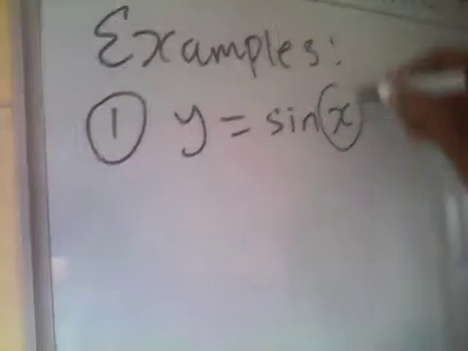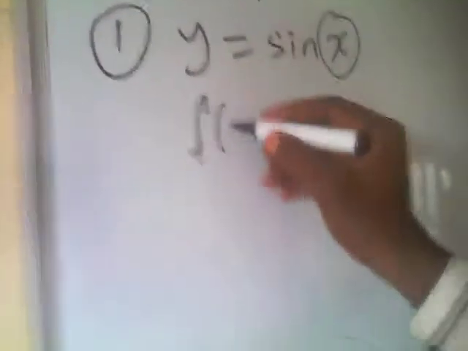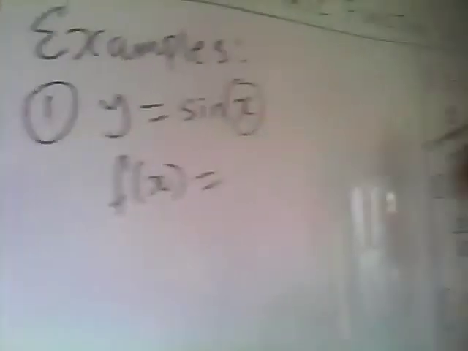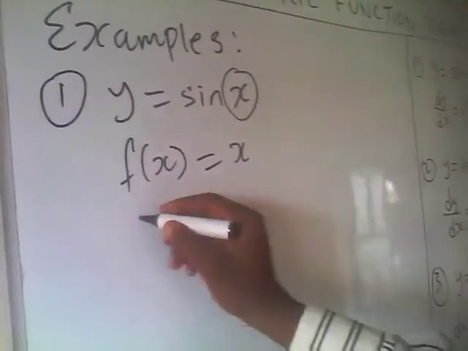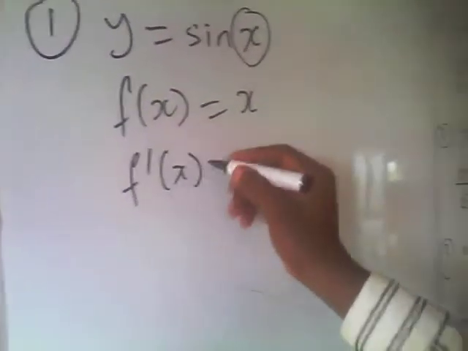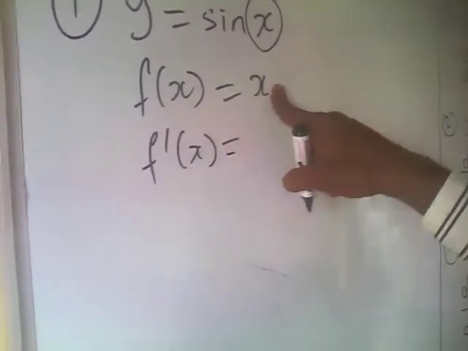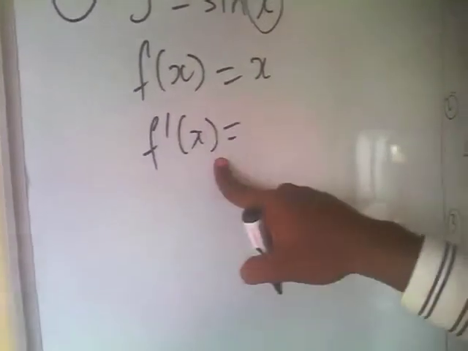We can easily say that this x here is the f of x in comparison with the formula. Therefore, f prime of x will be the derivative of the function of x. That's the meaning of f prime of x, or dy/dx.